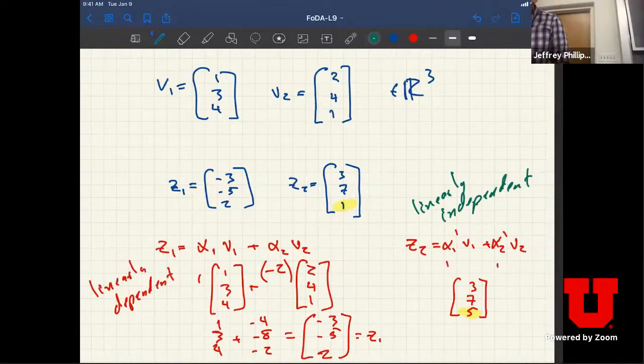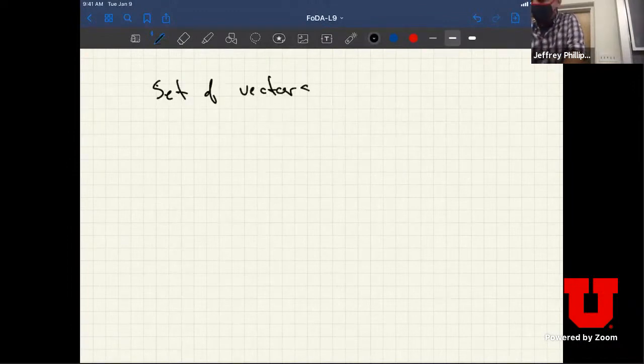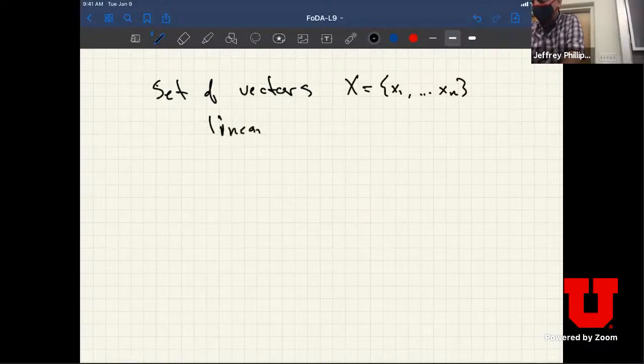Okay, so one more piece of terminology, and then let me draw some pictures, and we'll go to Python. Let's say a set of vectors x1 up to xn, and I can call these vectors linearly independent.